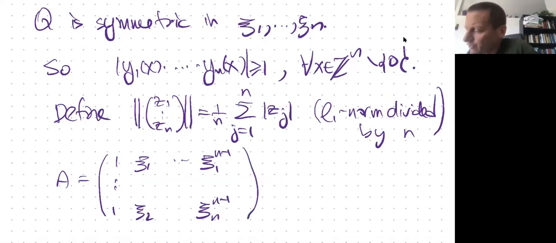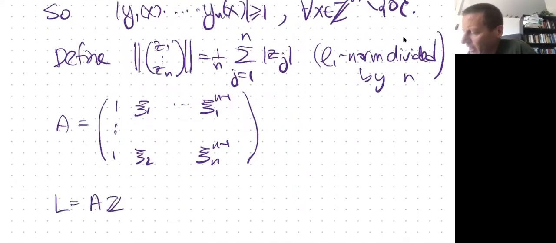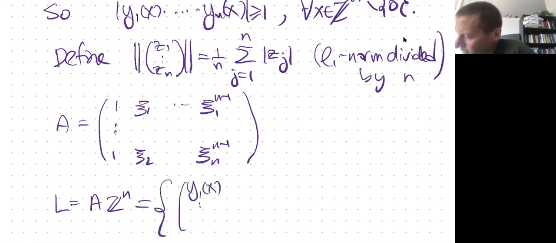And let's define L to be what you get when you apply this matrix A to the lattice Zn. So if you look at the definition of the yj's, what you're getting is just the vectors y1 of x up to yn of x, whose coordinates are given by the yi's, where x ranges over Zn.